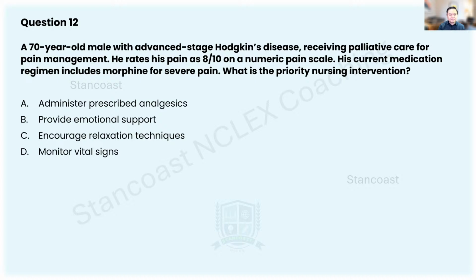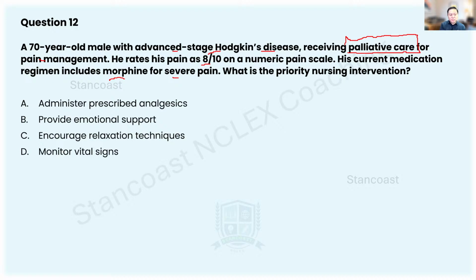Okay. A 70-year-old male with advanced stage Hodgkin's disease receiving palliative care. Pain management. He rates his pain as 8 out of 10 in a numeric pain scale. And pain medication includes morphine for severe pain. What is the priority?